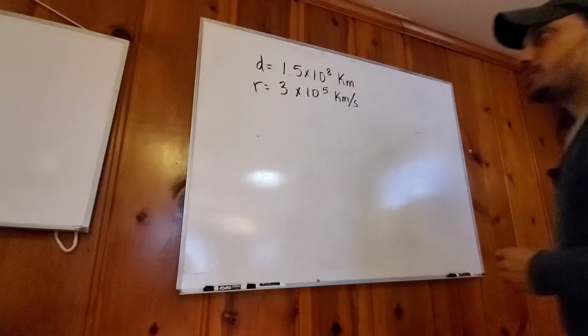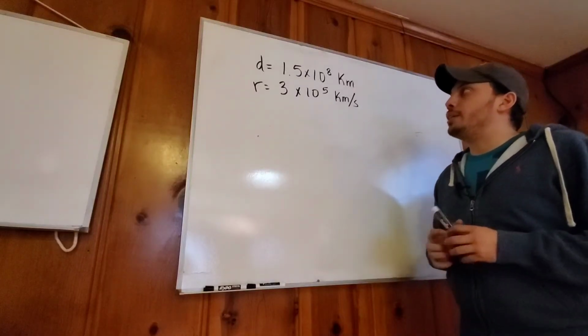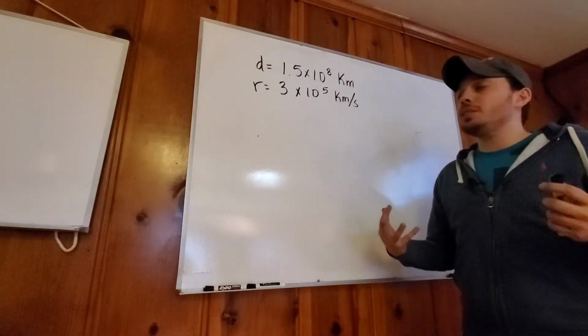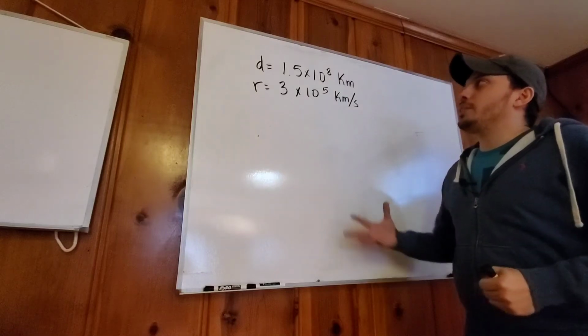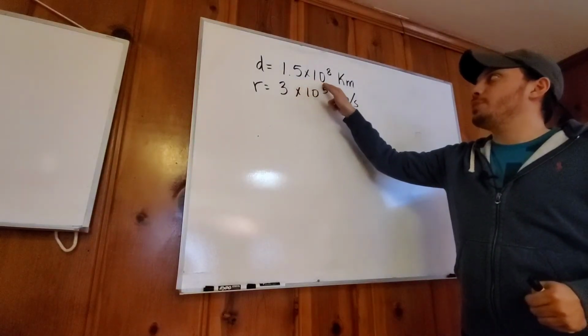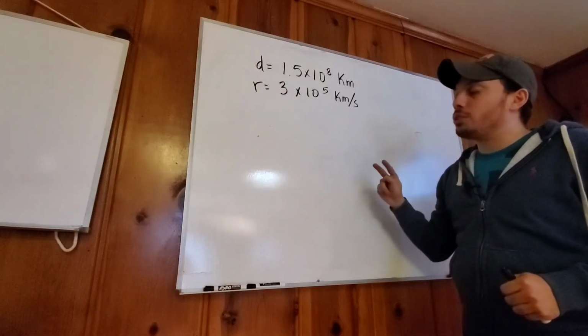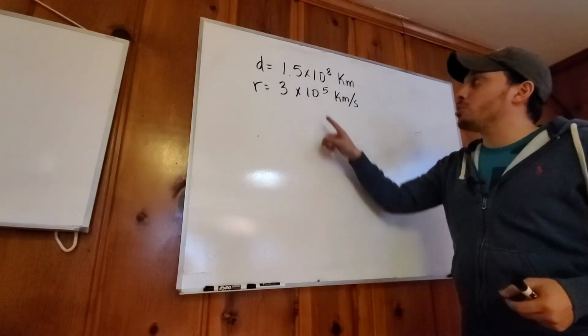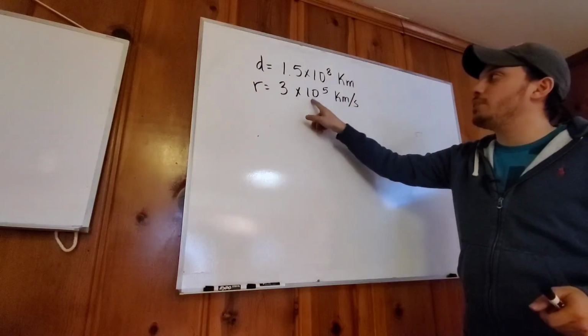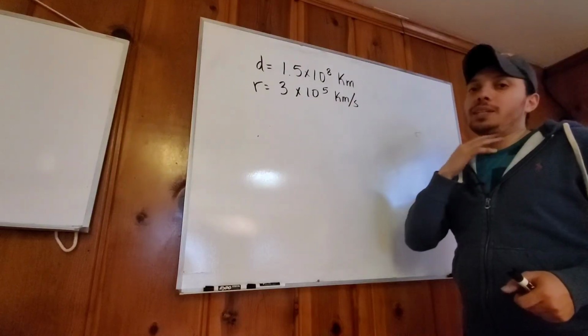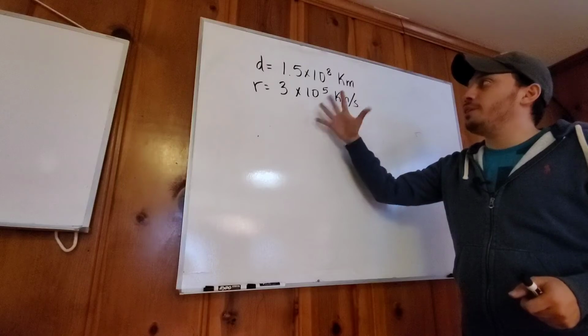All right, and the final example for lesson 111: the distance from the Earth to the Sun in kilometers is 1.5 times 10 to the 8th kilometers. And the speed at which light travels, in kilometers per second, is 3 times 10 to the 5th kilometers per second. So 10 to the 5th is 5 zeros.